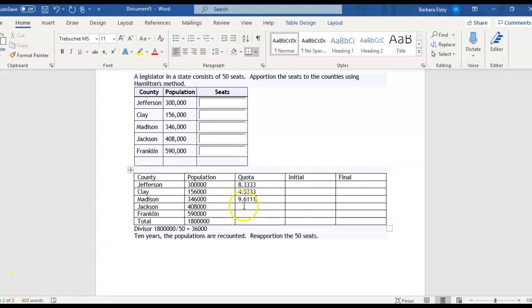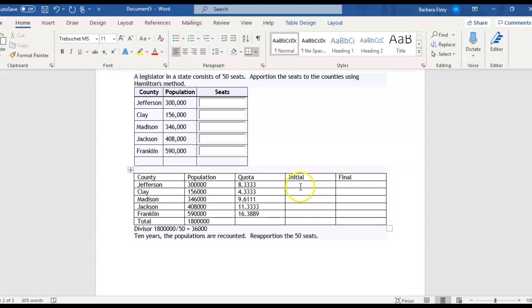That is 11.3333. And then finally 590,000 divided by 36,000. That's going to give us 16.3889.